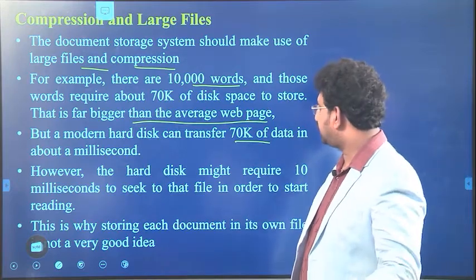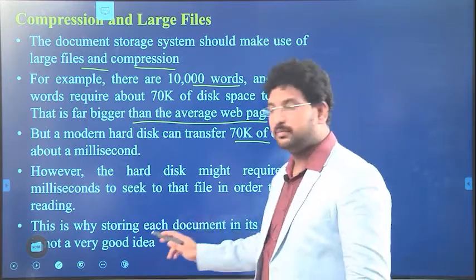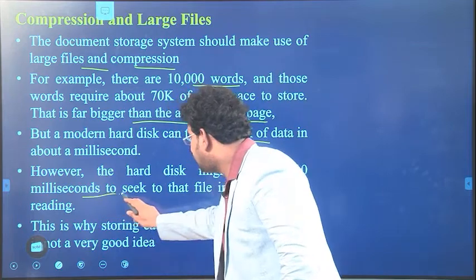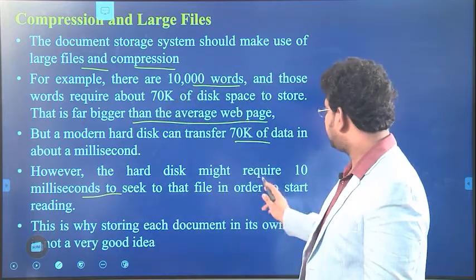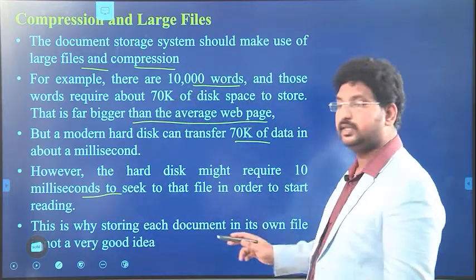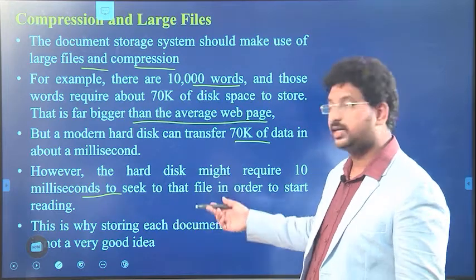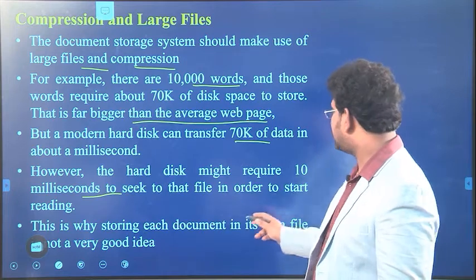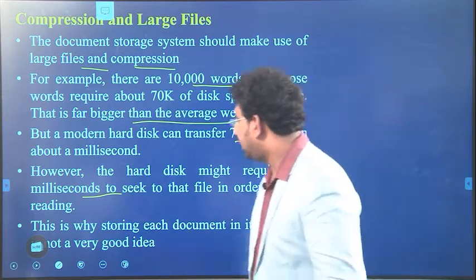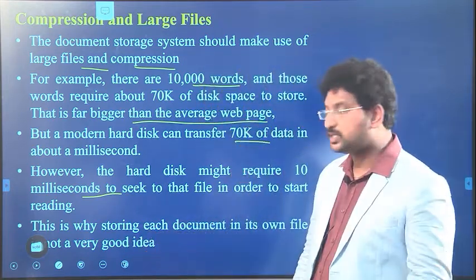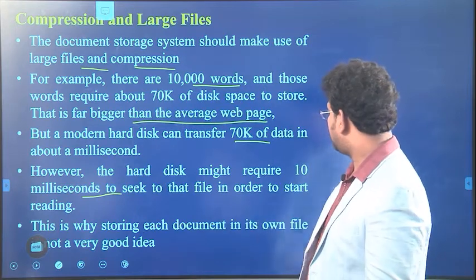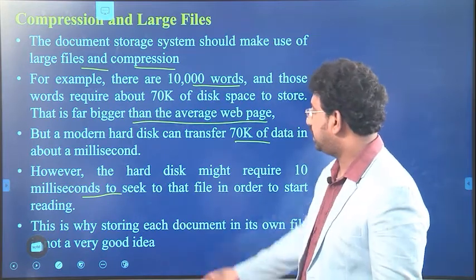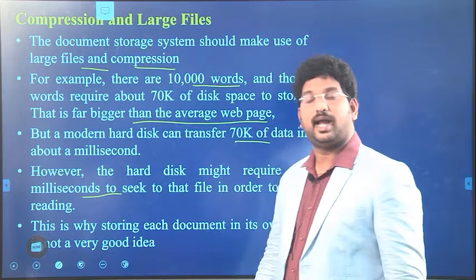However, the hard disk might require 10 milliseconds to seek that file in order to start reading, and this is why storing each document in its own file is not a very good idea.